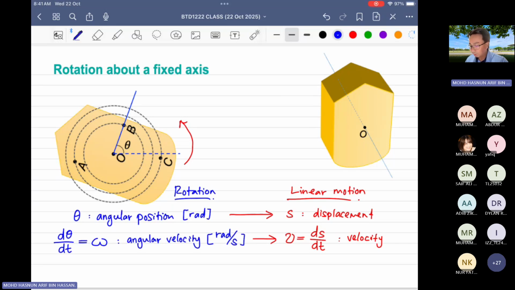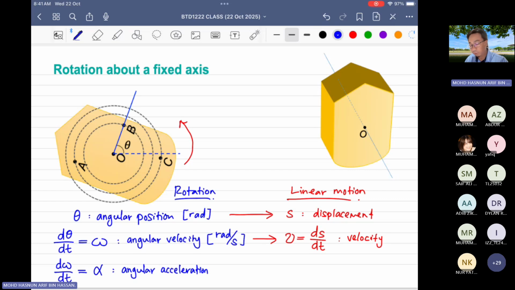The last one is we can also differentiate the angular velocity, omega, over time. So you do d omega over dt, which will give us alpha. This is another Greek letter, and alpha is known as angular acceleration.